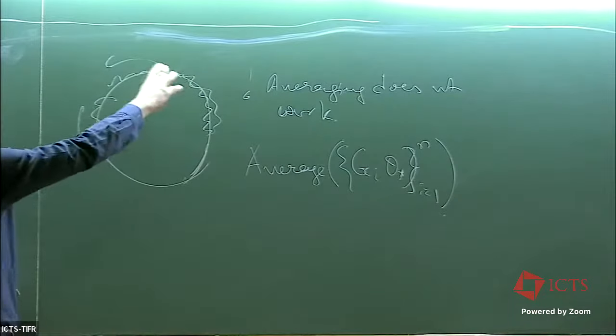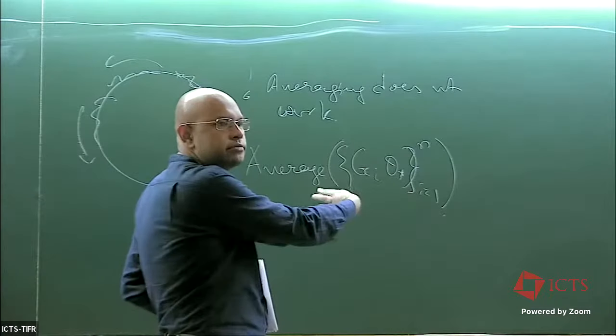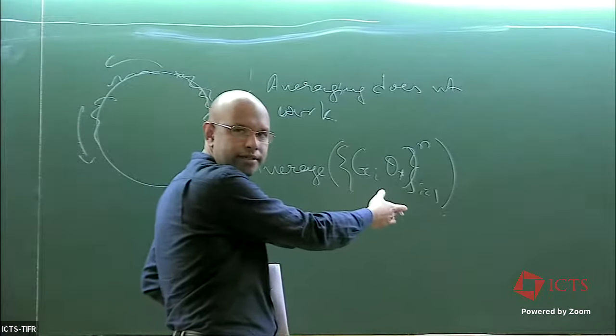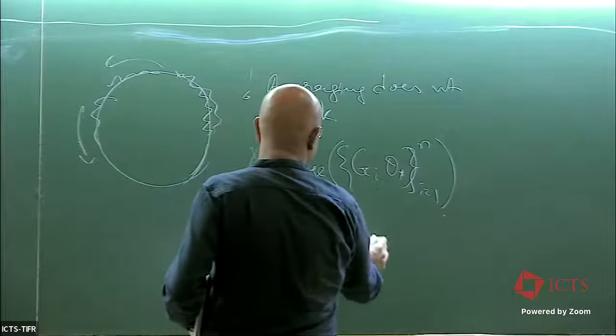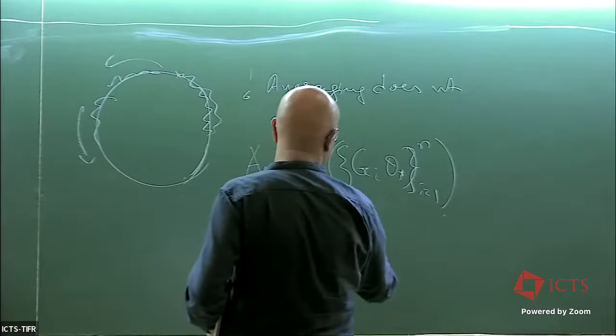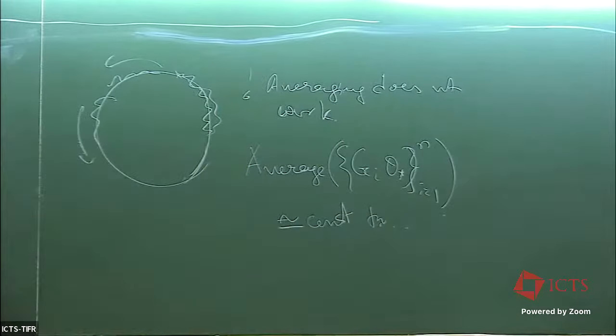It will appear as a constant value all over this circle, where the common value will be just the average of the coordinates of theta star. So this is just a constant, and not really informative. So this is the problem.